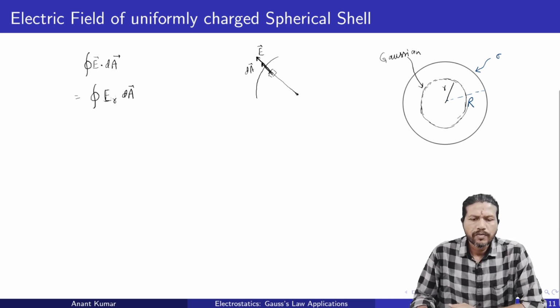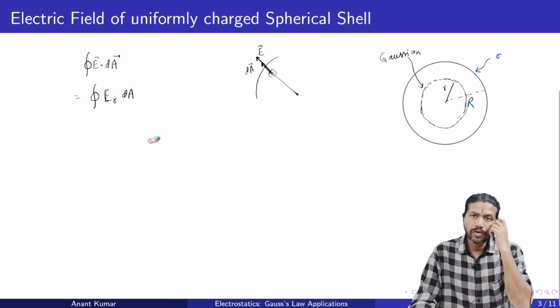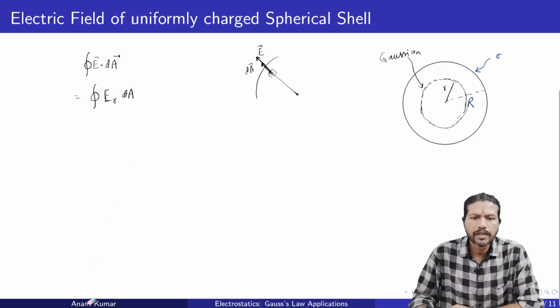In this case we won't have the dot product, because this is now a scalar. There is no dot now. I have simply replaced it with a scalar product because we have taken the direction into account. Now we again employ the symmetry. This radial field has the same magnitude as we stay at the same distance r from the center, because this has spherical symmetry.